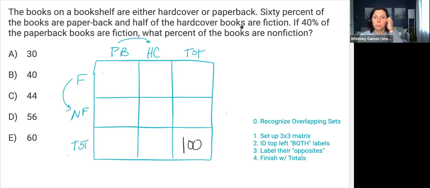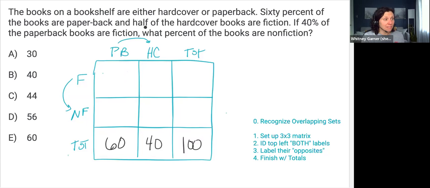So the key when it's percentages, we need to be really careful what we're taking a percent of. So this says 60% of the books. Okay, so that's 60% of these. 60% of the books are, that's their verb, paperback. So paperback represents 60 out of 100 books, which means hardcover would be 40.